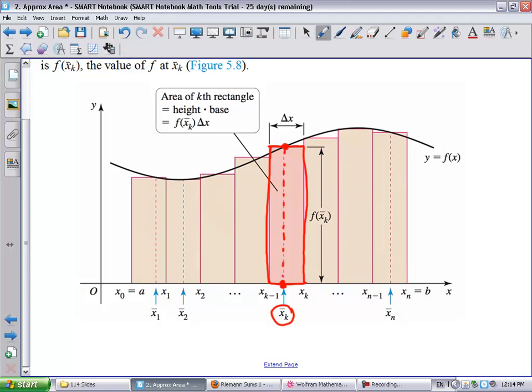So then they draw in the rectangle having that height. So you can see from these different examples here, x1 bar, x2 bar is kind of in the middle, k bar is a little bit to the left. You can actually pick any kind of point in there, and that would give you some kind of rectangle approximation of that area.